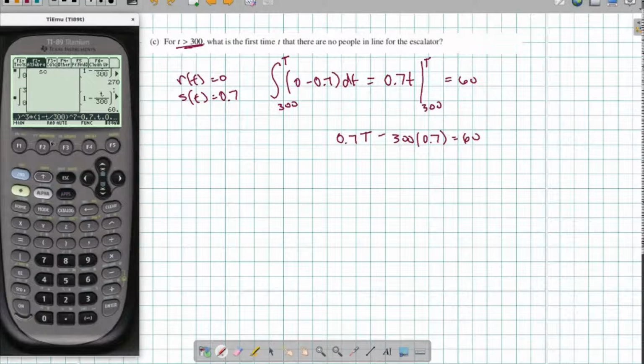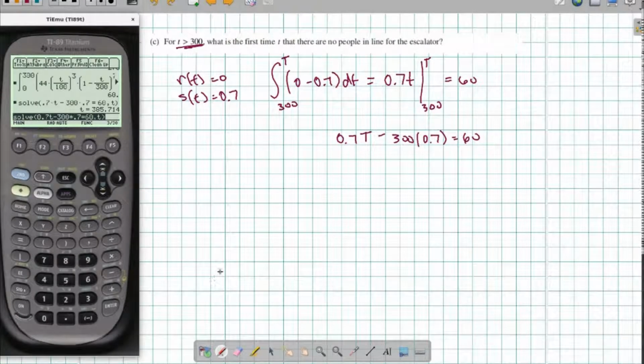And of course, I don't want to factor, I want to solve. I don't trust myself to do this in my head or even on paper. I'm going to solve 0.7 t minus 300 times 0.7 equals 60, and I want to solve for t.